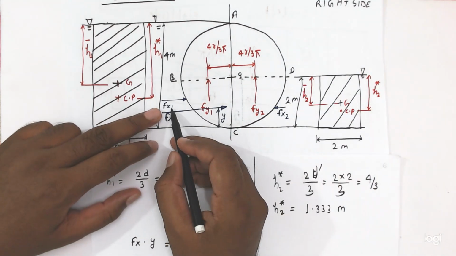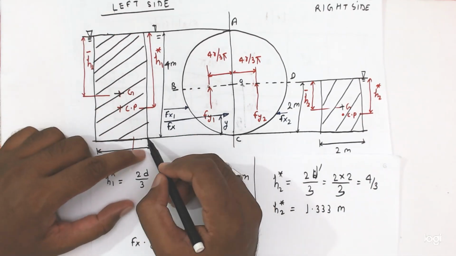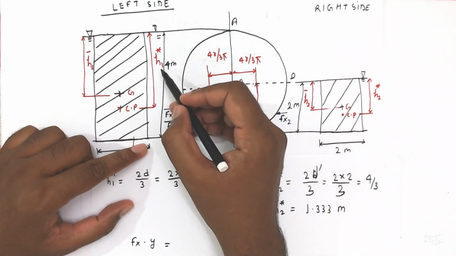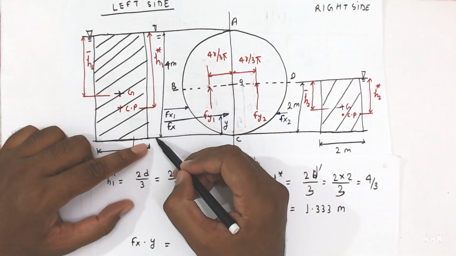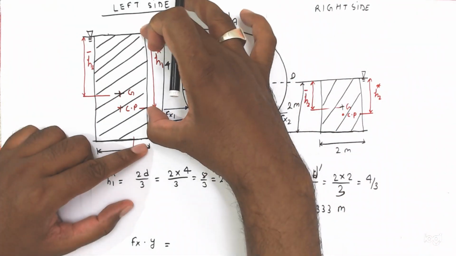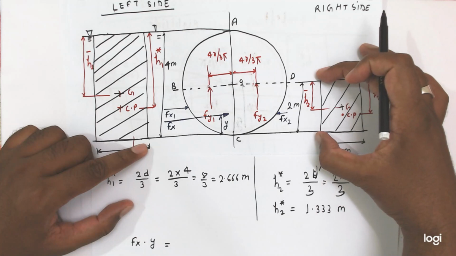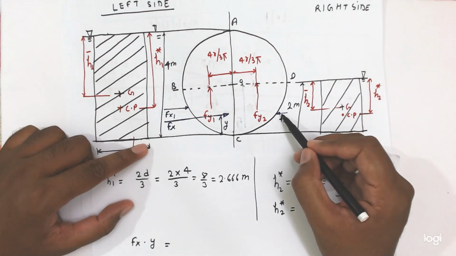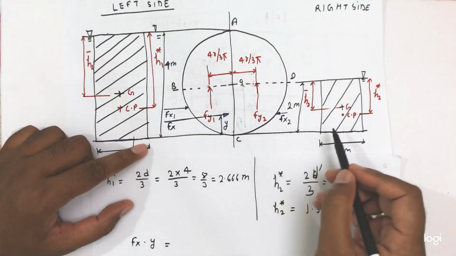see here friends, for Fx1 we know that location, because the total dia is equal to 4 meter, and we know this H star value. So what is the bottom value? This is 4 minus H1 star. Similarly here for Fx2, this height is equal to 2 meter, and we know this H2 star value. Getting friends?